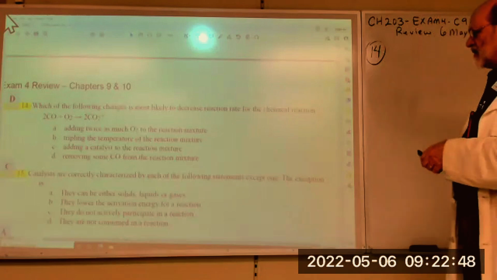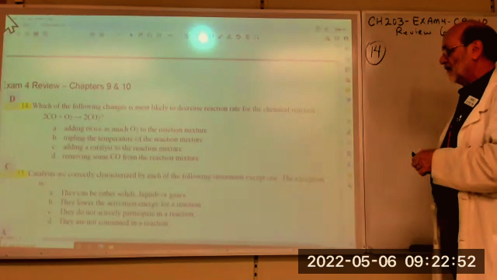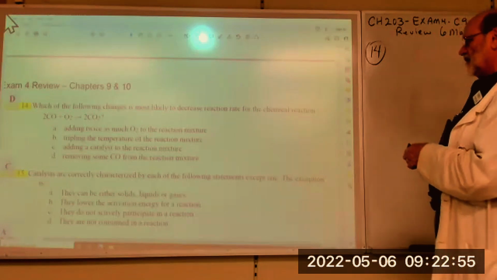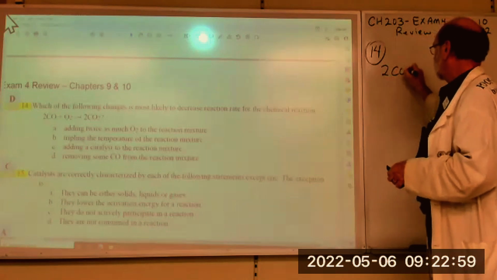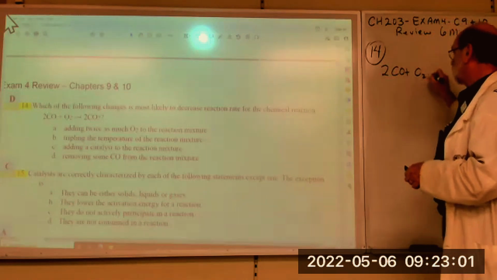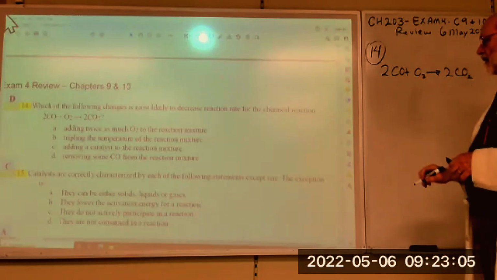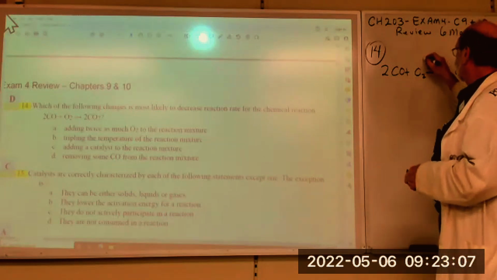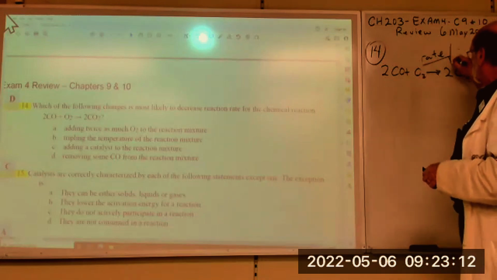Which of the following changes is most likely to decrease reaction rate for a chemical reaction? We're going to decrease, for this chemical reaction. Okay, so we say 2CO plus O2 yields 2CO2. So we're looking at the reaction rate, and we want to decrease it.